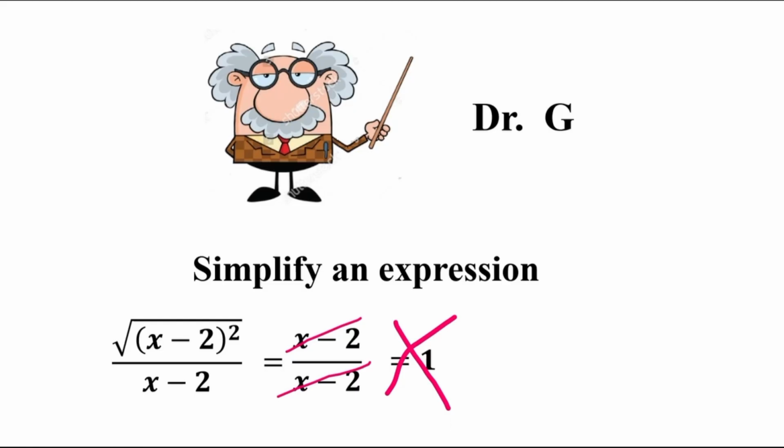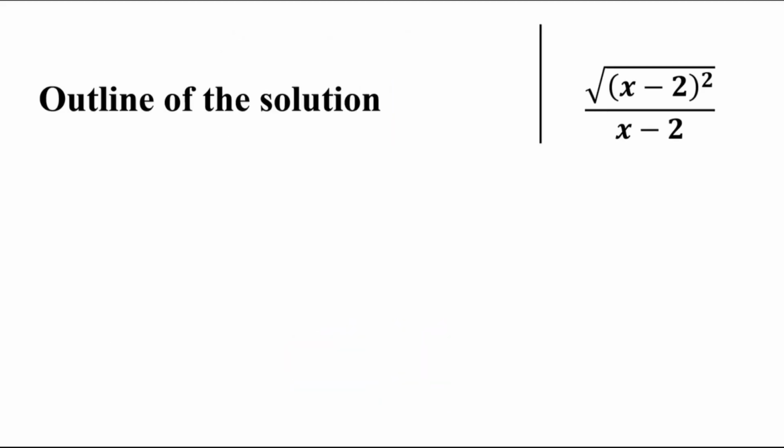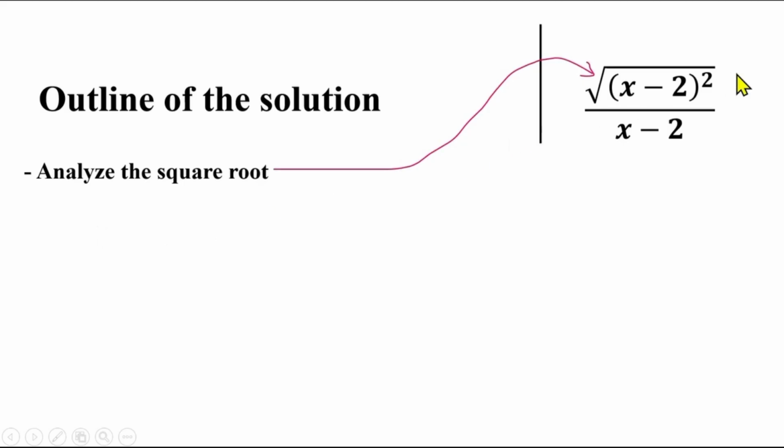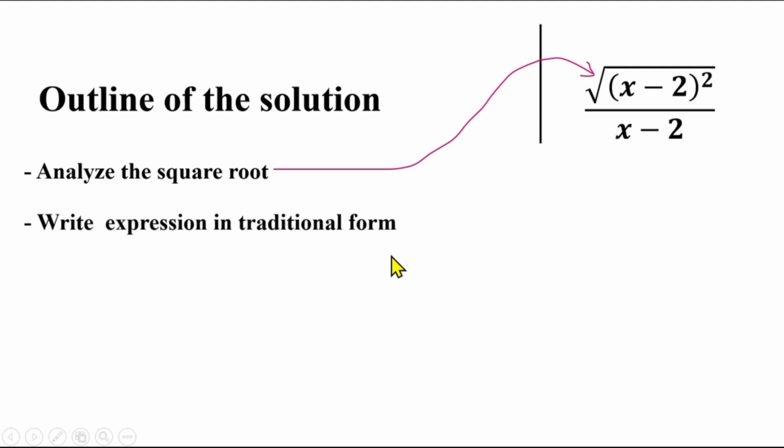First, we consider the outline of the solution. First, we analyze the square root, which is involved in the expression. Then we write the expression in traditional form, I mean, without square root and without modulus, which we meet later.